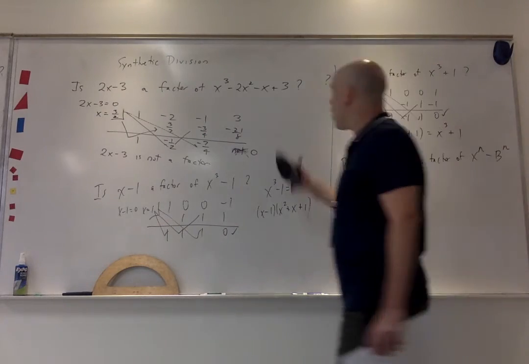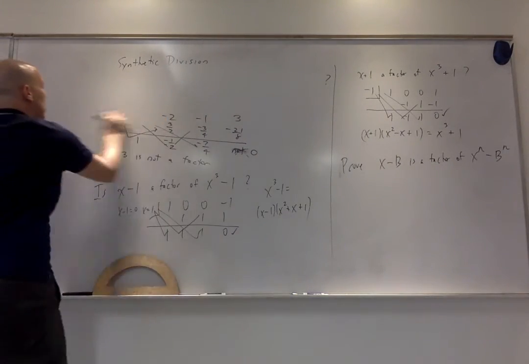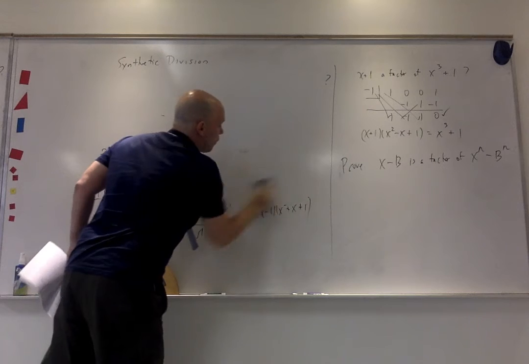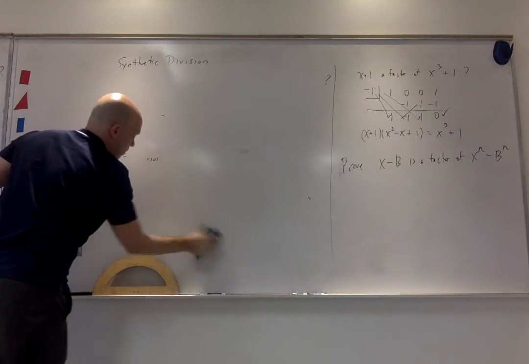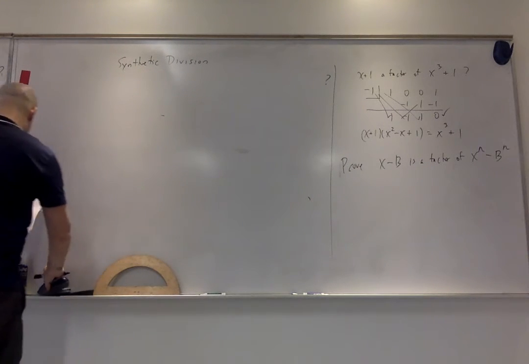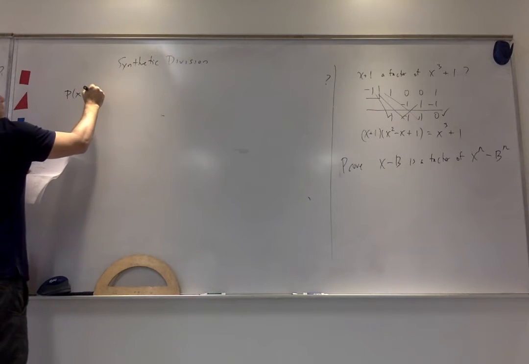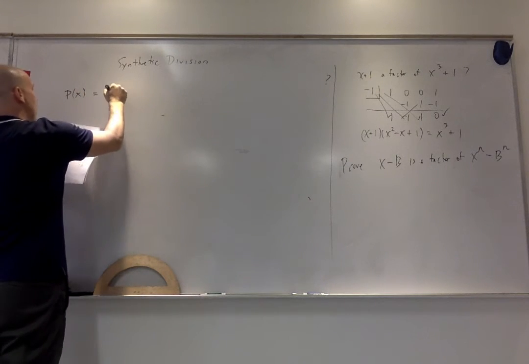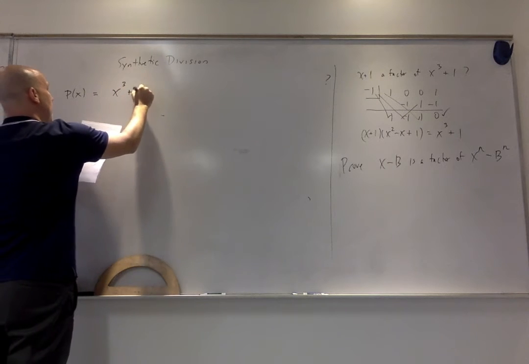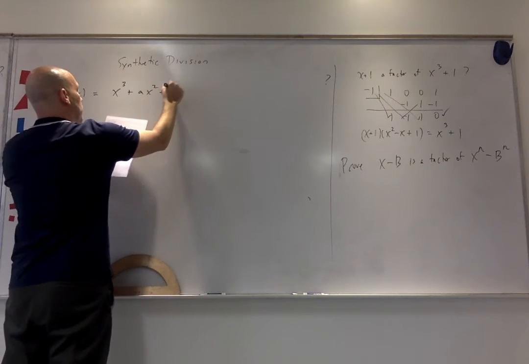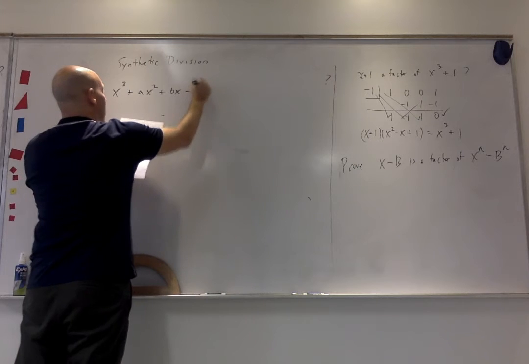Let's get to IB stuff. Here's a question from IB. Let's see. P of x equals x cubed plus ax squared plus bx minus 8.